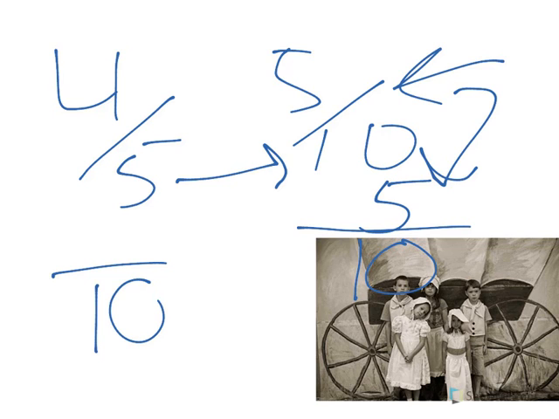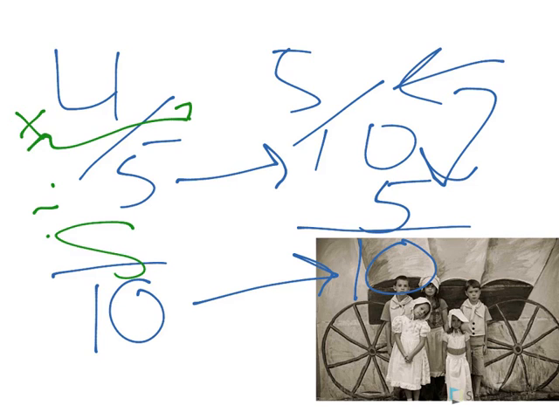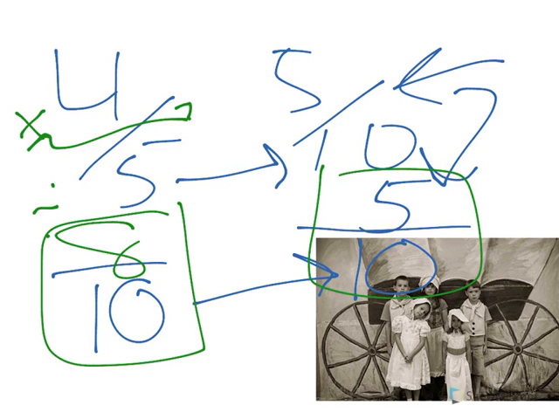Here I'm going to make it 10 because now we have a common denominator. Remember, I'm going to divide, then times. 10 divided by 5 is 2. 2 times 4 is 8. Is 8/10 and 5/10 the same? No, so they are not equivalent.